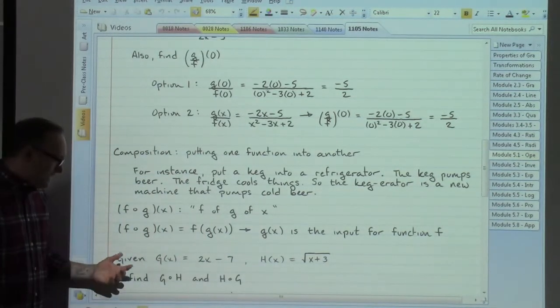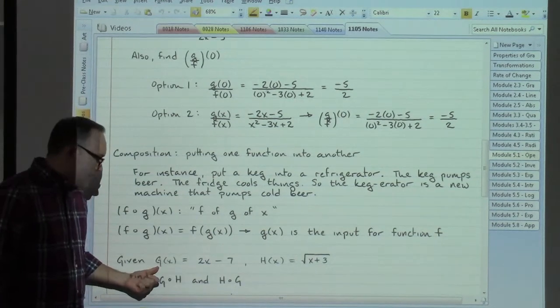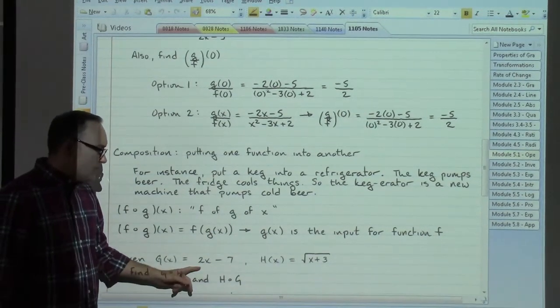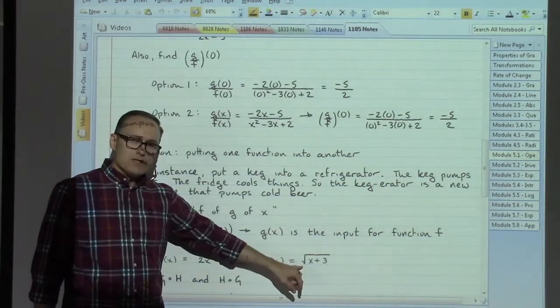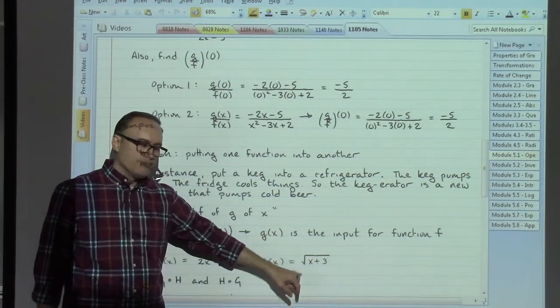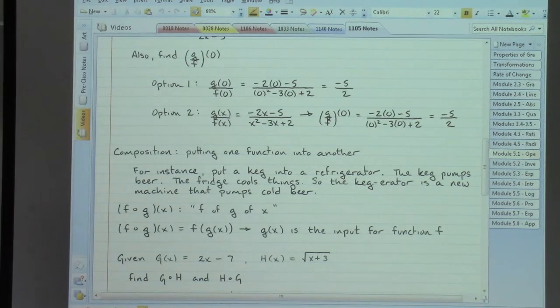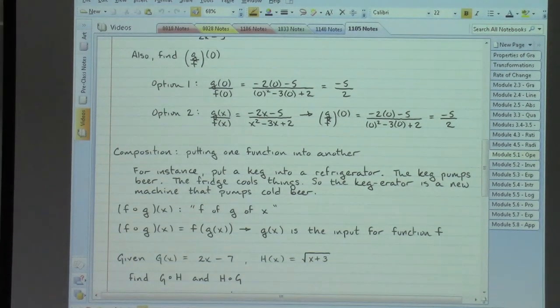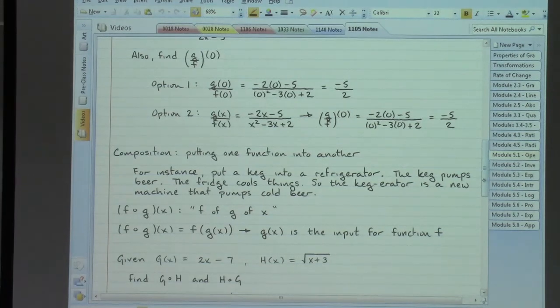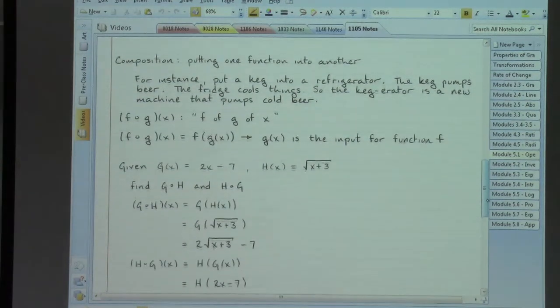So we can look at an example, say we have capital G of x is 2x minus 7, and capital H of x is the square root of x plus 3. The order that they ask for those compositions has an impact on how things turn out.